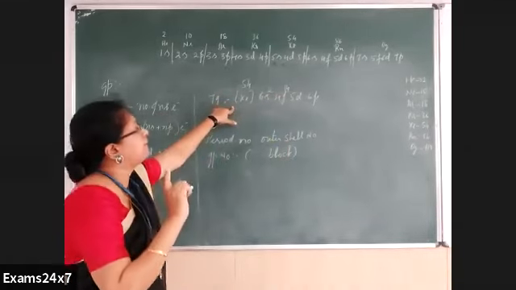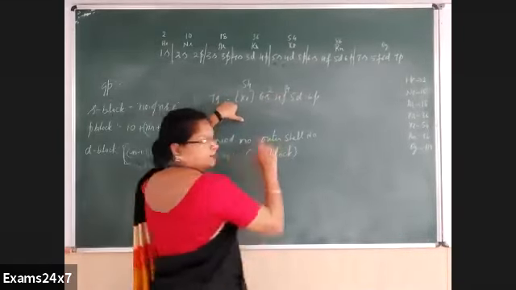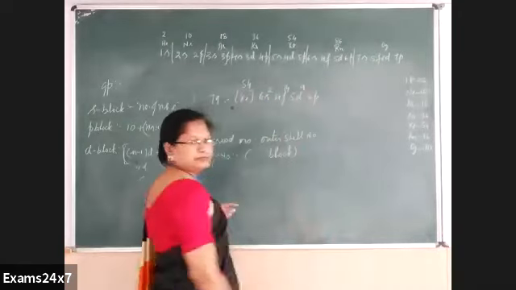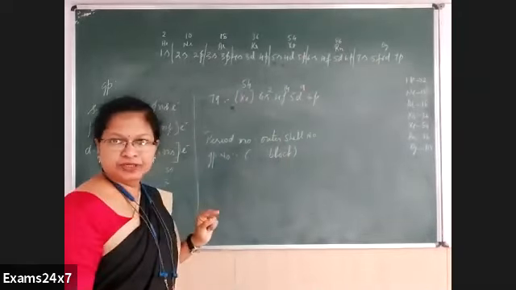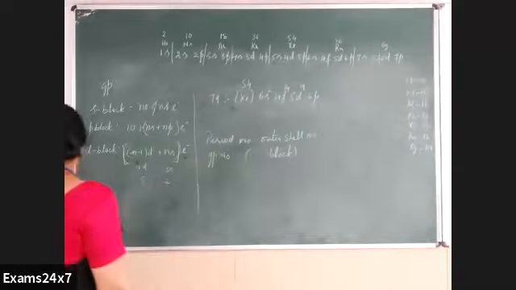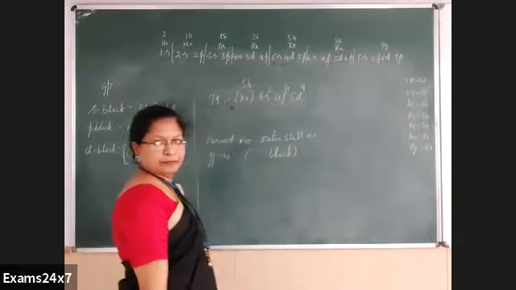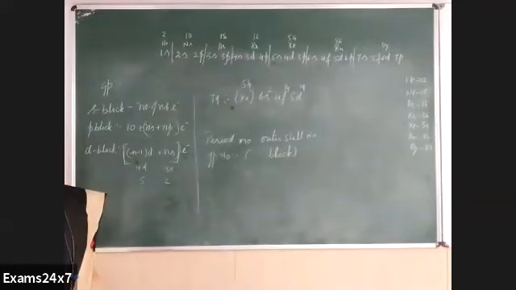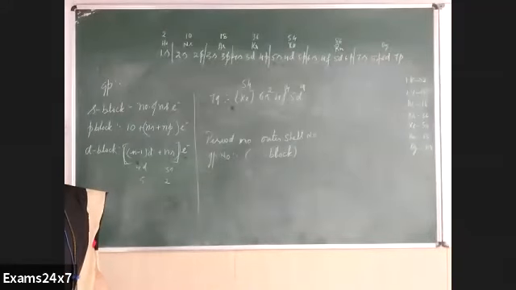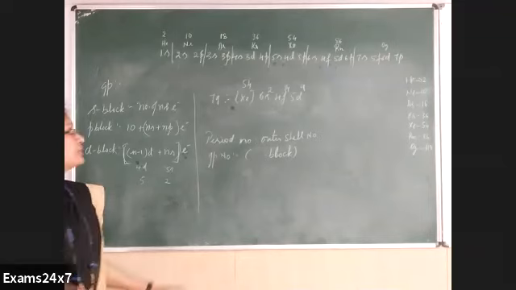Then 9 more, no? 9 more. Is this a configuration? 6p you can remove. Is this a configuration? Yes, you can make it, no?